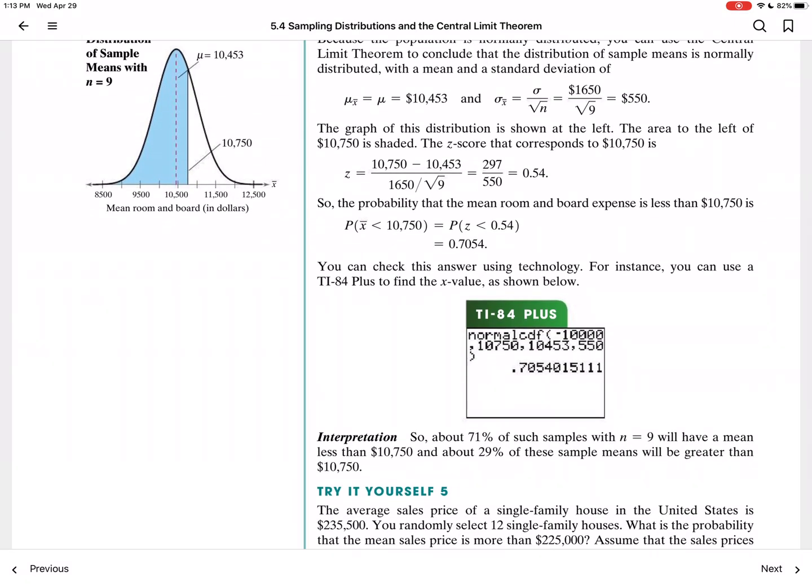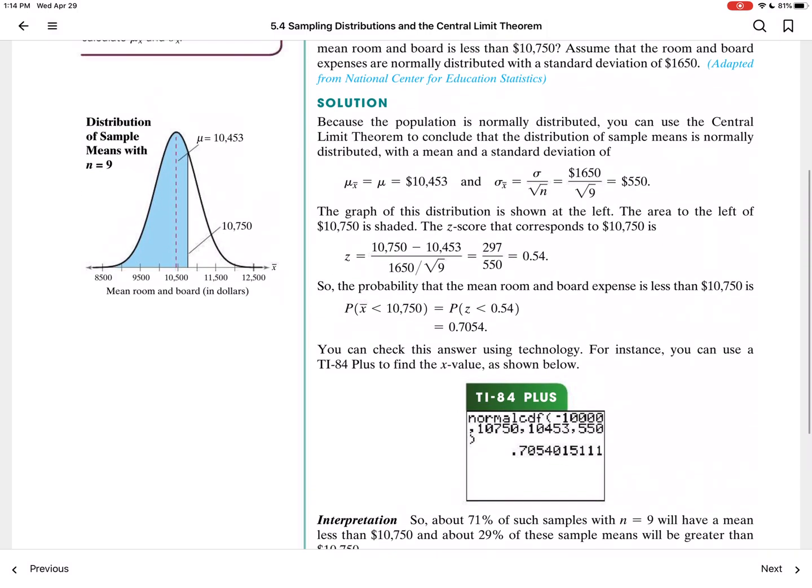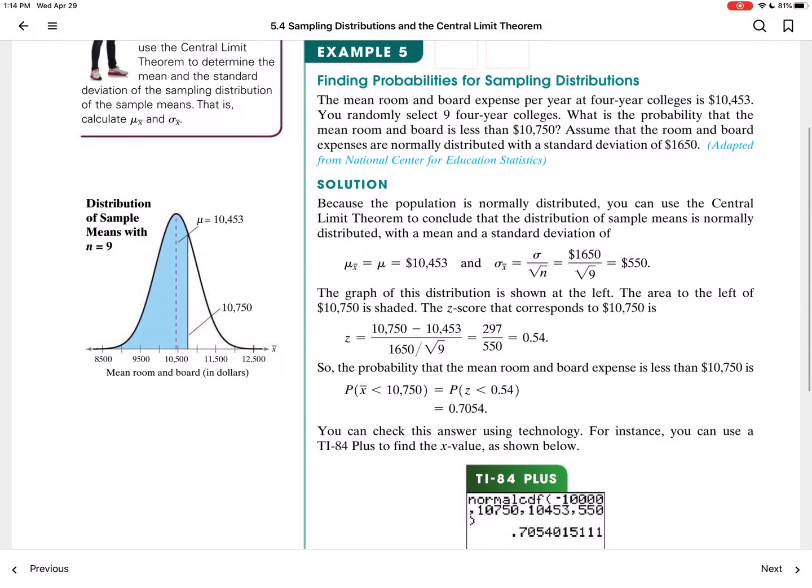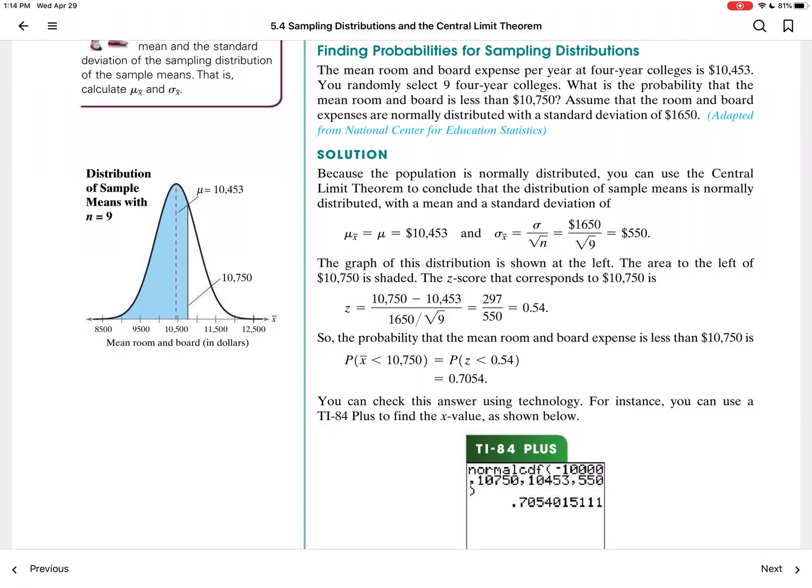This one, right? This is the one on 84. So you need the 10,000. I forget what the 10,000 is. It's something like either you're accumulating a lot of points or how far left you want to start. So in this example, the 10,750 is your X bar, 1043 is your mu, and 550 was the sigma divided by root n.